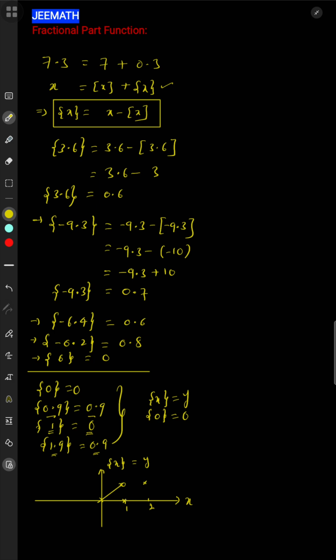So the point is here, joining them we will have a graph like this. In that way, on substituting 2, the result is 0, the point is here, that is not there here. So in that way we'll have the graph of the fractional part function. So see here some results about the fractional part function.